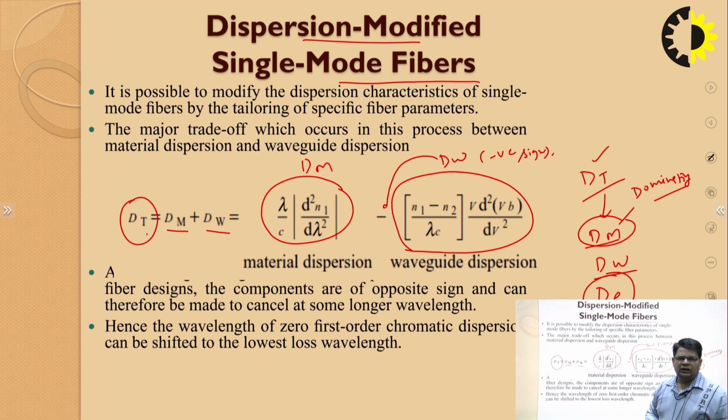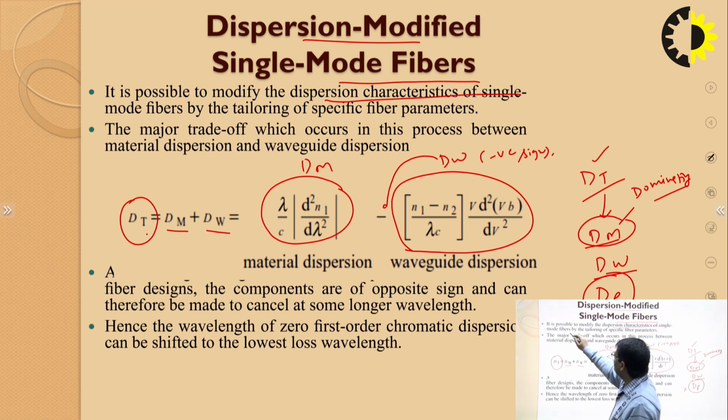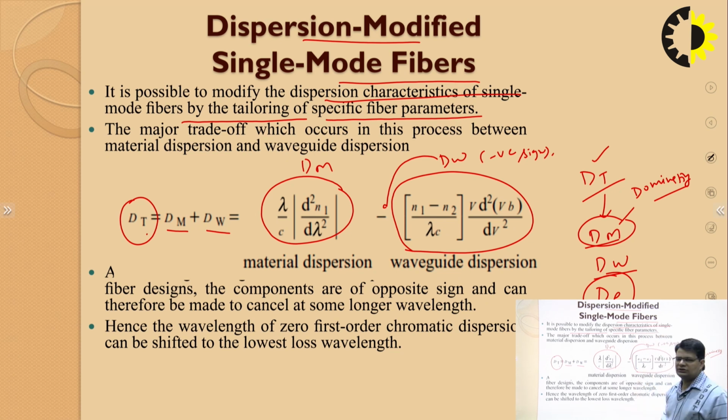If we change the parameters available in these two formulas, then accordingly the value of dispersion will also change, so the dispersion response or characteristics will be modified. The dispersion characteristics of single mode fiber can be modified by tailoring the specific fiber parameters.